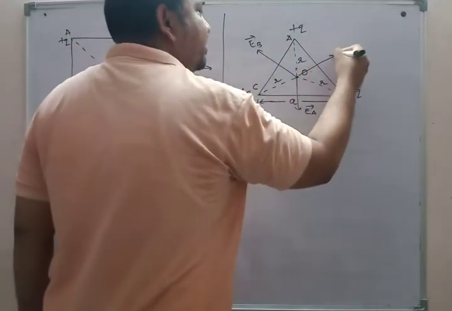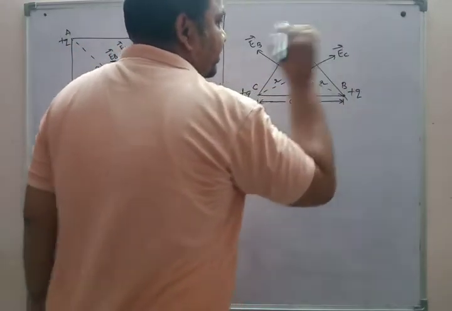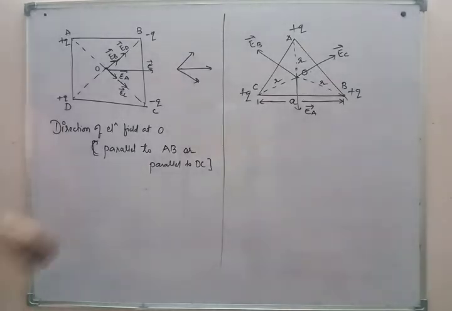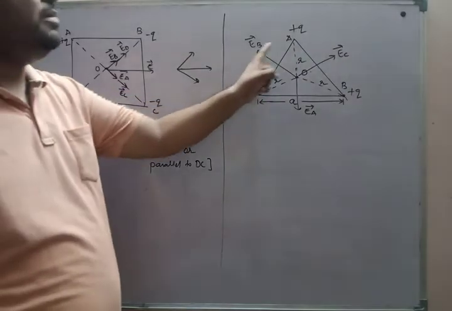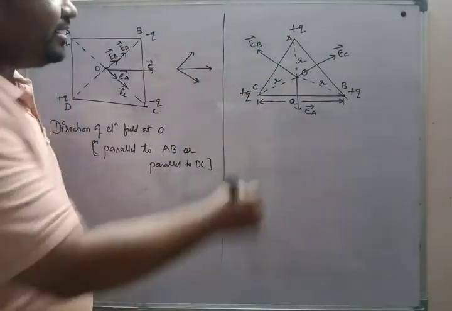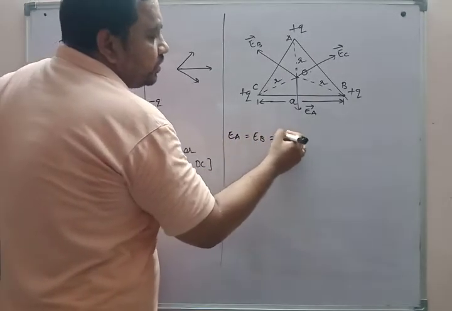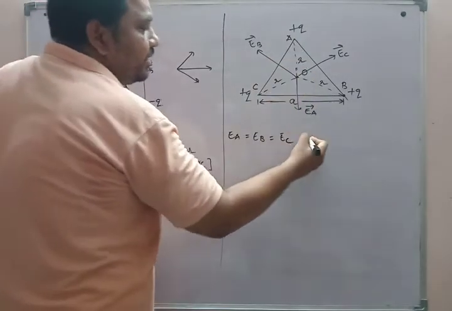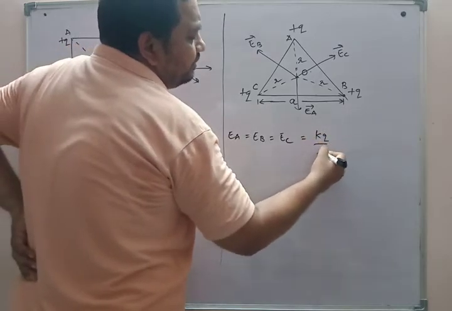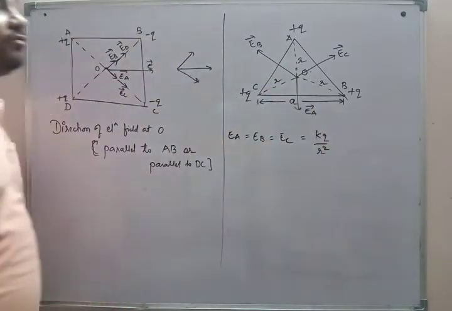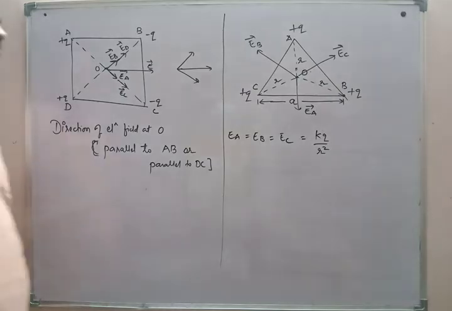And due to charge C, this is the direction. So these are the three vectors EA, EB, EC representing electric fields due to charges placed at A, B and C, and they will all be kq divided by the square of the distance, that is R square.